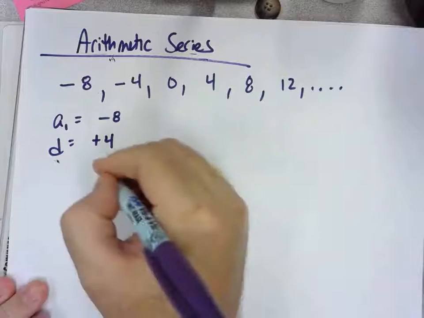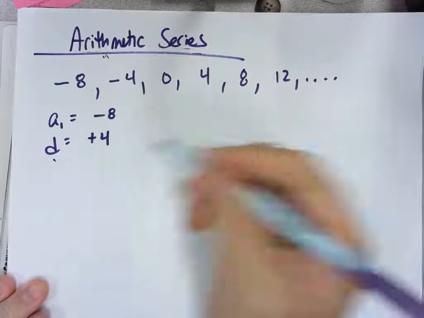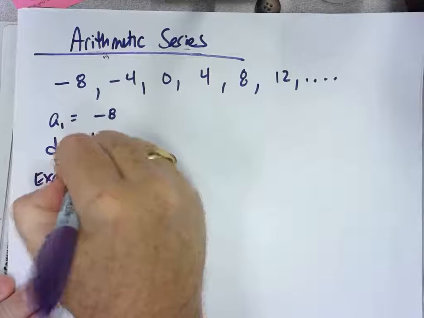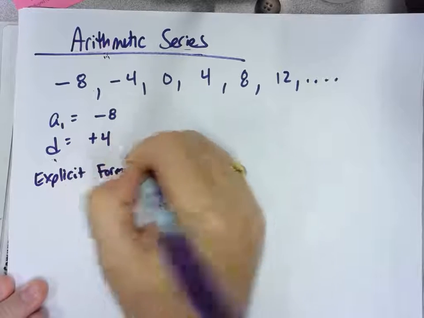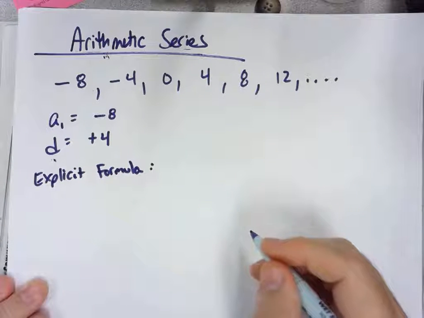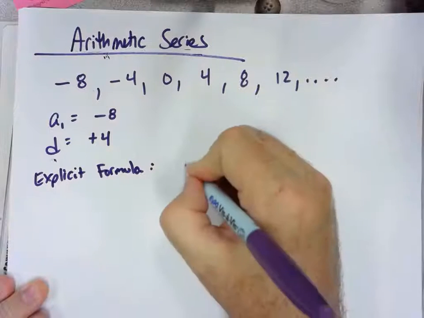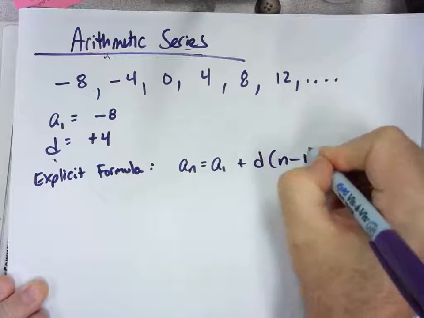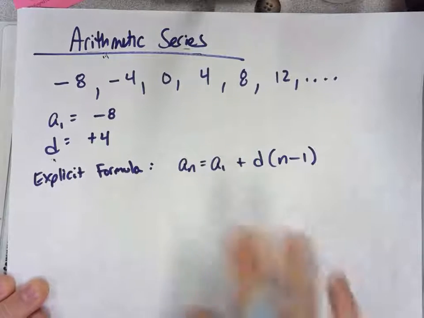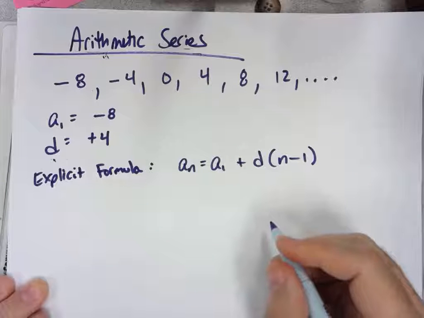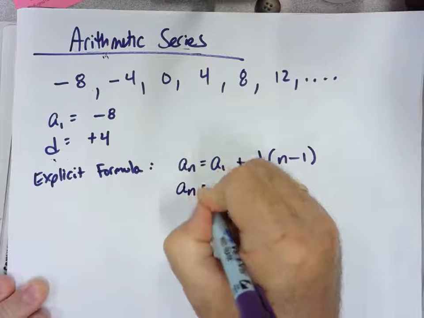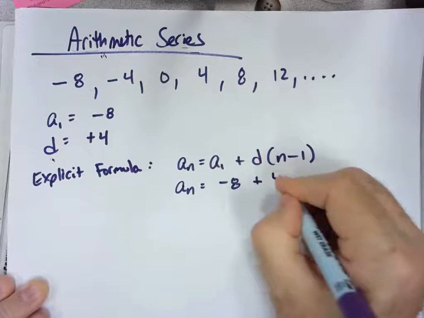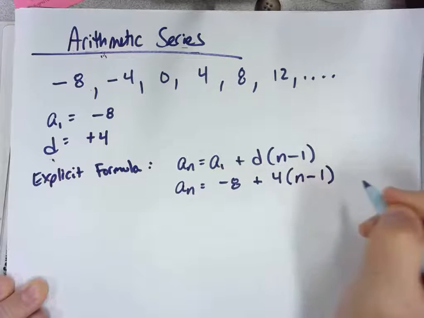So, guys, first of all, you need to know how to do the explicit formula. That's a sub n equals a sub 1 plus d times n minus 1, or n minus 1 times d. So a sub n is equal to a sub 1, which is negative 8, plus d, which is 4, times n minus 1.